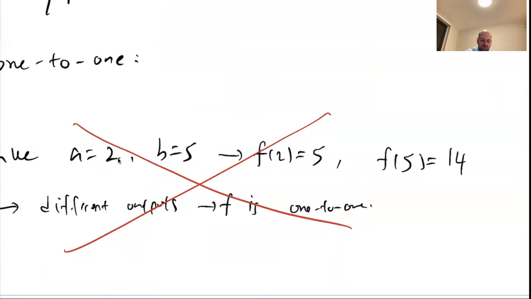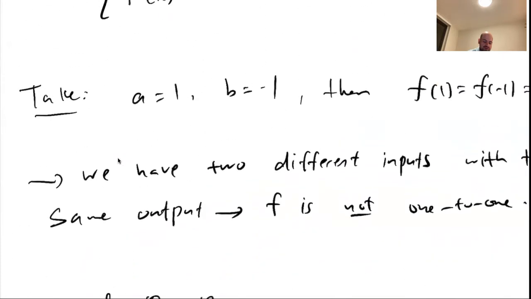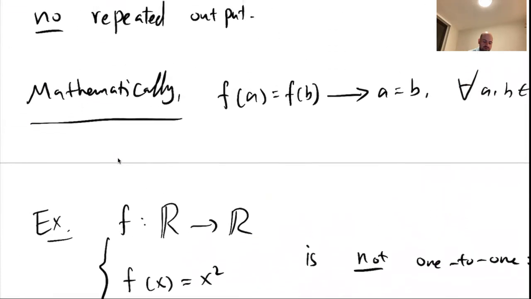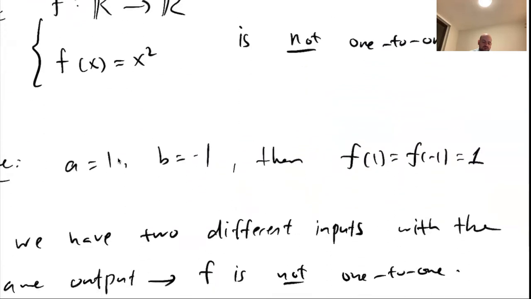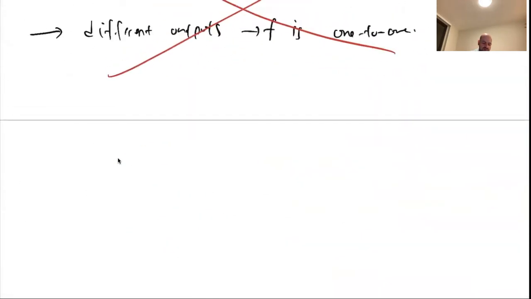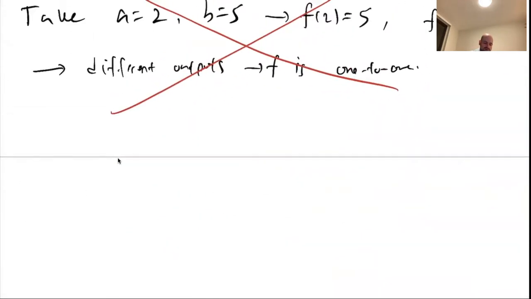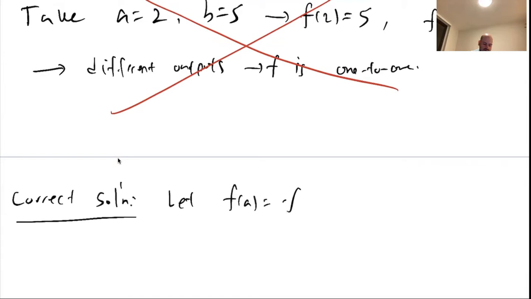How can we give the proof in general? We have to use the formal or mathematical definition. f of a equals f of b must imply a is equal to b for every a and b in the domain, right? So the correct solution: let f of a equals f of b for a and b in the domain of f, which is all real numbers here.